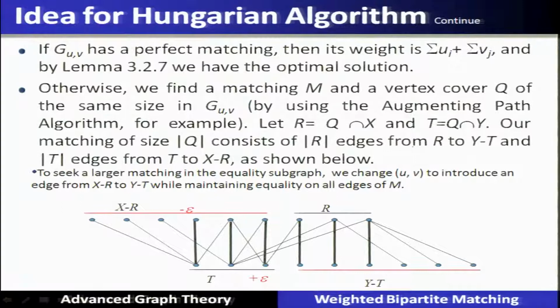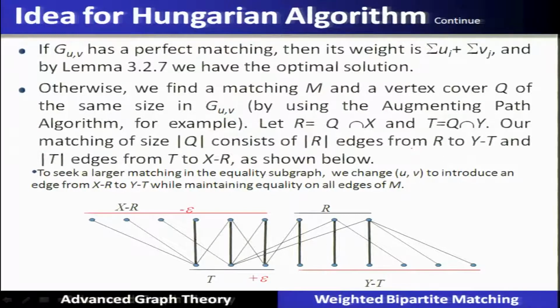Now, in this graph, which is basically called the equality subgraph, we have to seek a perfect matching. If we attain a matching with weight equal to C(u, v), then it is an optimal solution.